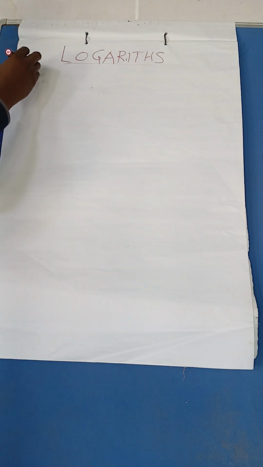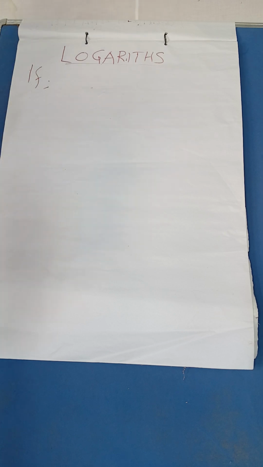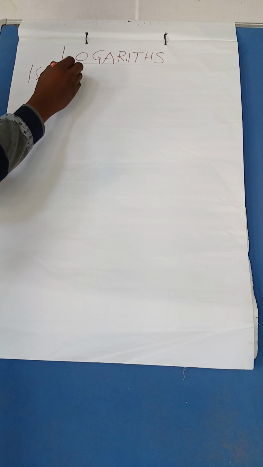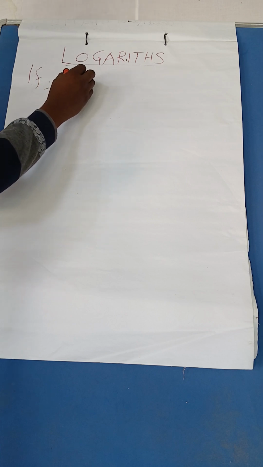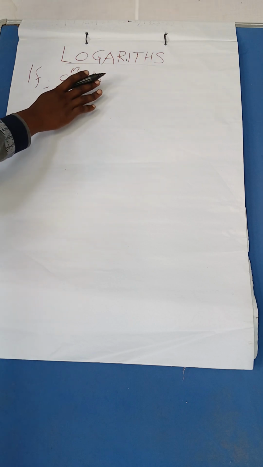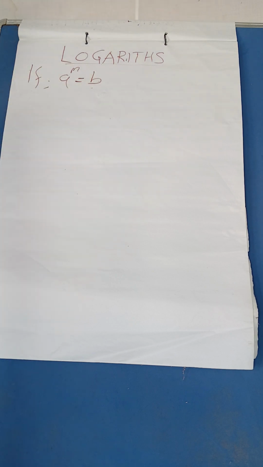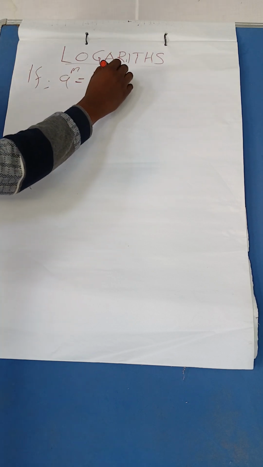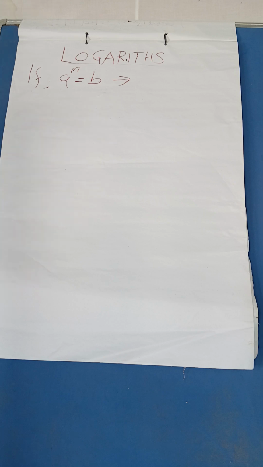In this case, let's say we have a power m equals b, a^m = b. Then the logarithm of b to base a is m. How do we put this in logarithm form?